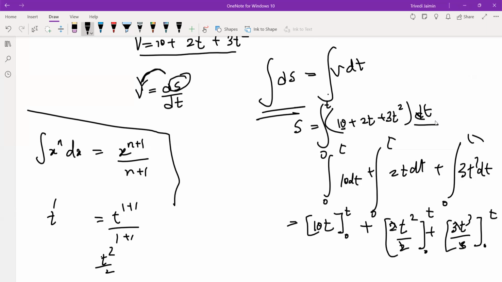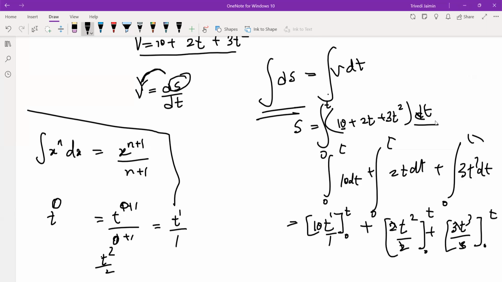For 10, t to the power 0 becomes t to the power 1. Yes, sir, understood.